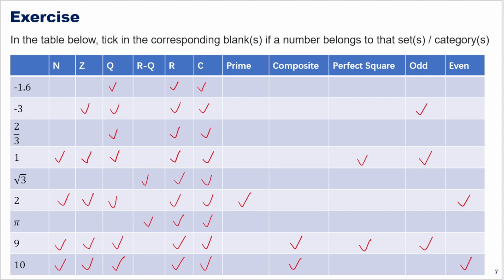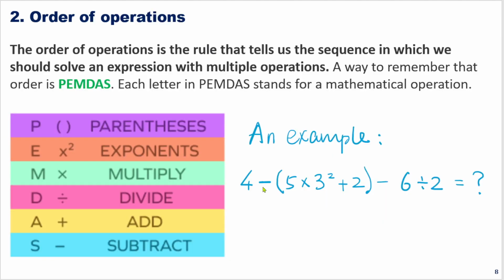All right, if you don't have any questions, let's have a look at the next concept, order of operations. The order of operations is the rule that tells us the sequence in which we should solve an expression with multiple operations.